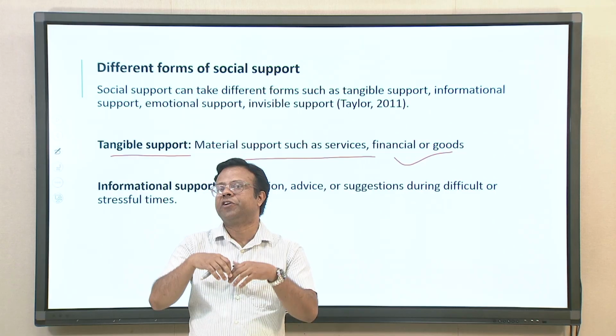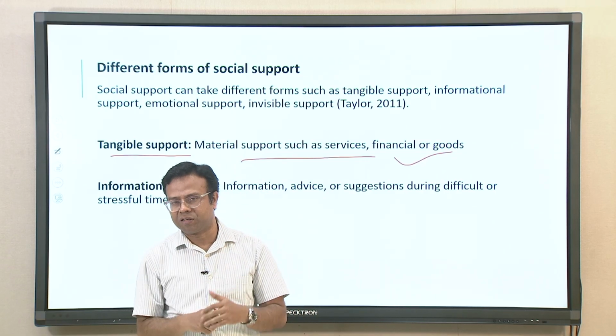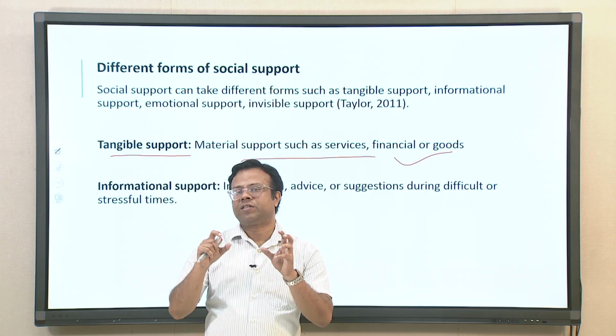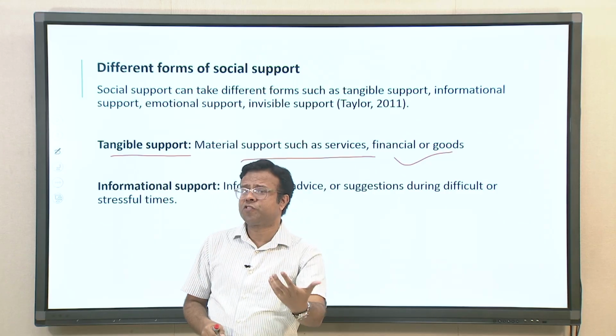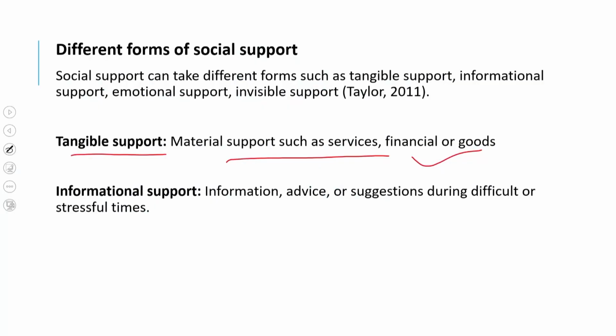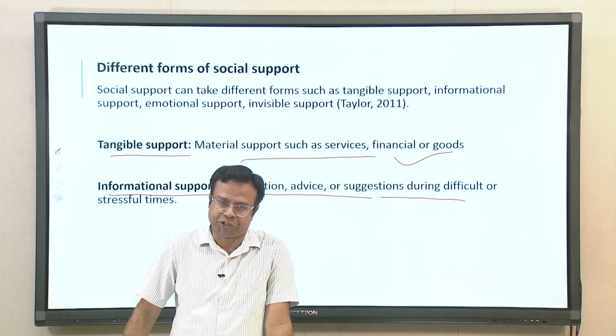Many times people require tangible support, and if they get it from other people, we can call that tangible social support. Another form of support that people get is called informational support, which means we get support in terms of information, advice or suggestions during a need or a crisis situation.